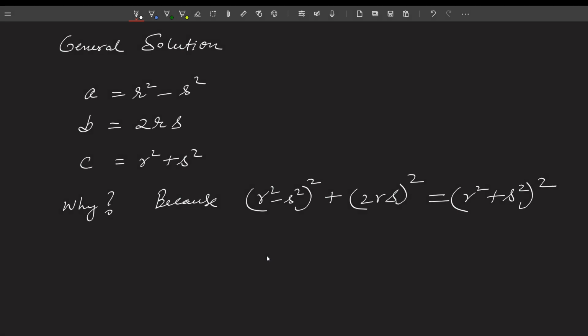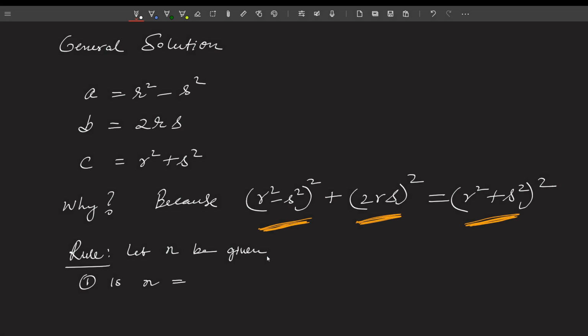So we have broken down the Pythagorean triplet into its components. This is exactly what the general solution of a Pythagorean triplet looks like. All Pythagorean triplets can be broken down into this format. So if we are given one side, the first thing we need to do is check if the given side n can be written as the difference of two squares.